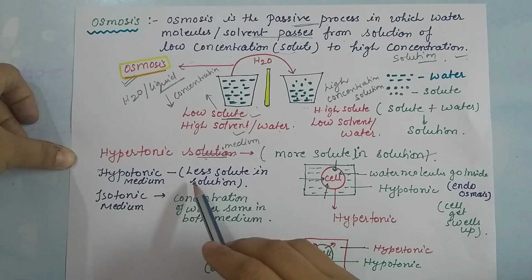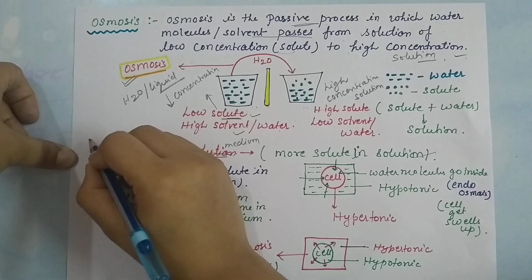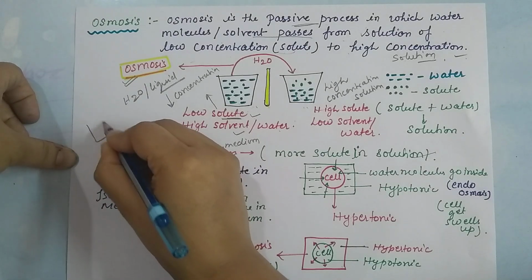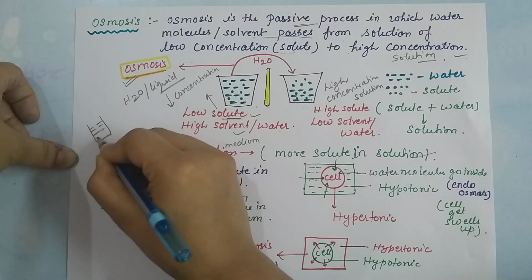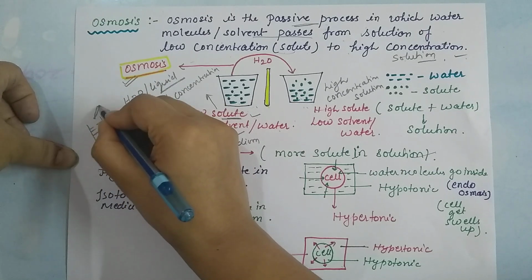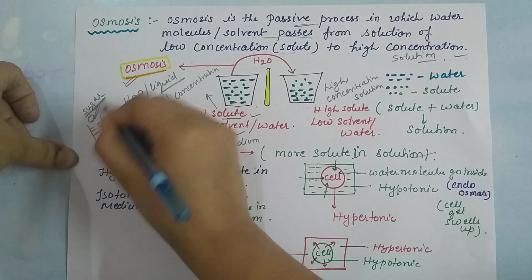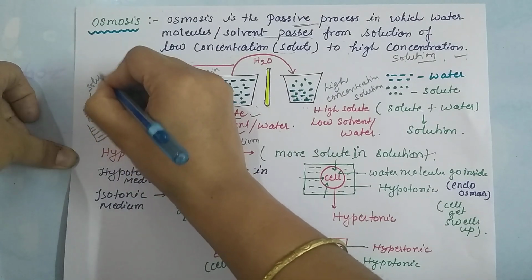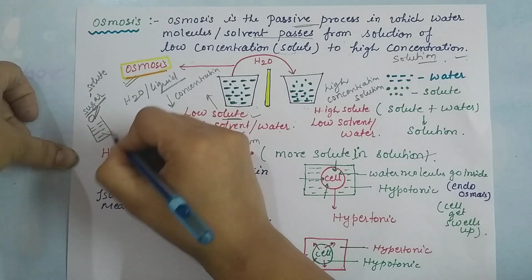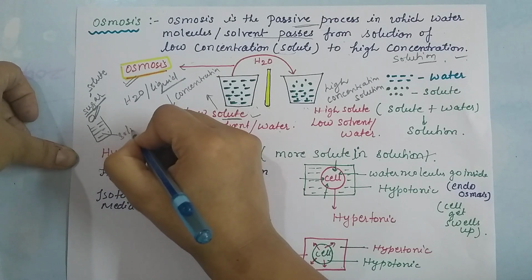Do you understand what the solute is? If this is a glass of water and we put sugar in it, then sugar is your solute and the water is your solvent.